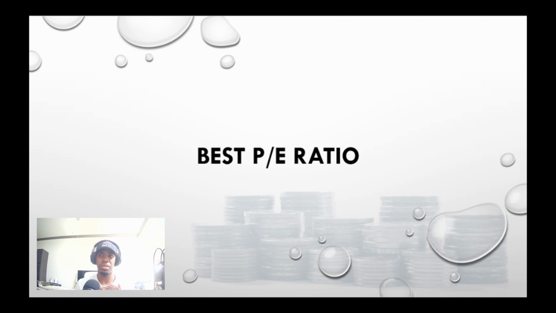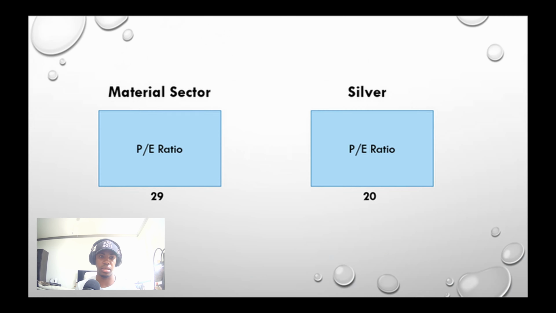Okay, so what is the best PE ratio? I mean, since PE ratios can differ significantly from company to company and sector to sector, there's really no simple solution. It's a good idea to compare the PE ratio of the company you're analyzing to those of companies in the same industry, the overall index or the sector index.